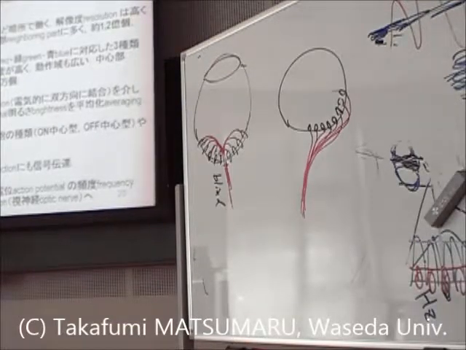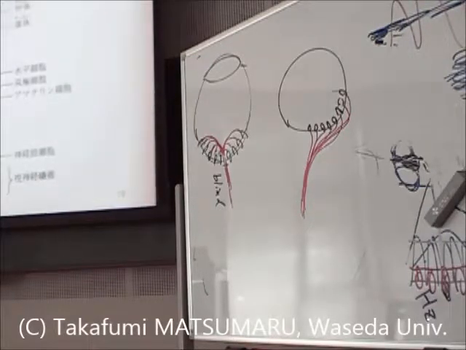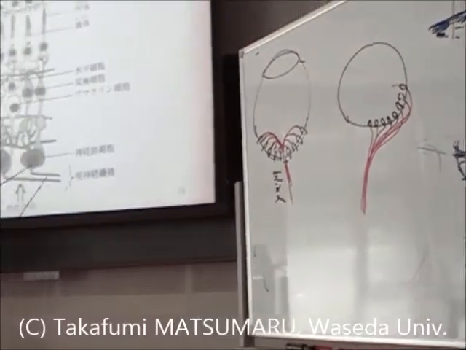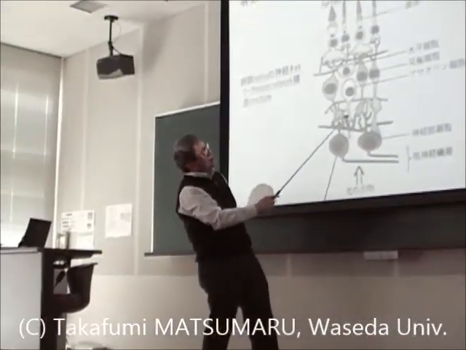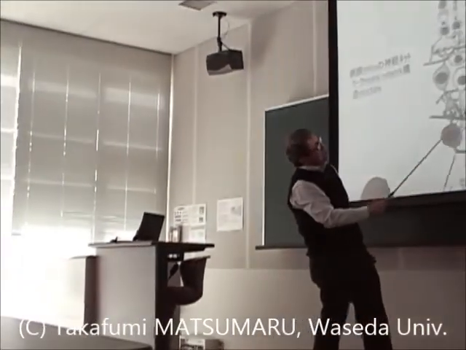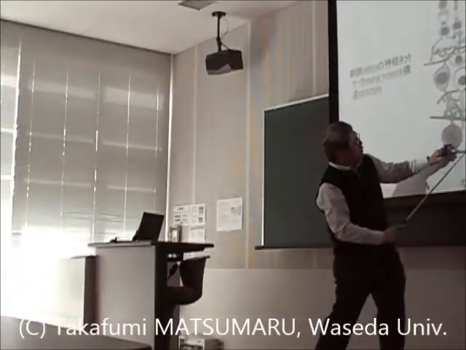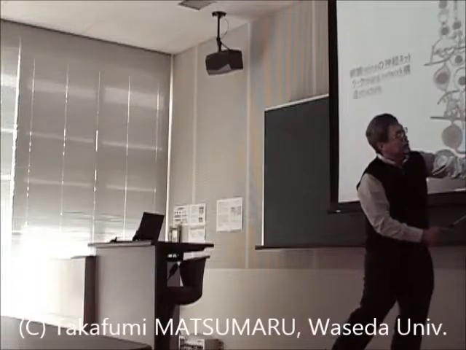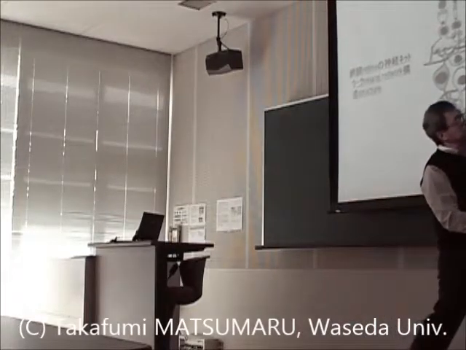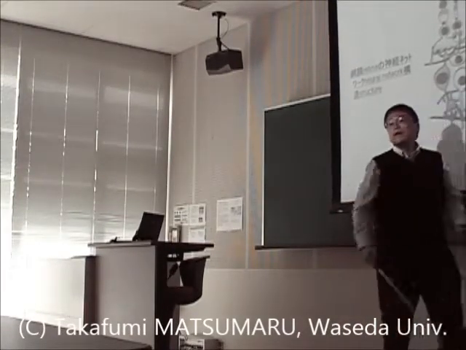These cells are located like here, in layers: 1st layer, 2nd layer, 3rd layer, 4th layer. They are connected to each other for information processing, and finally the fibers are concentrated at the blind spot and go to the brain.